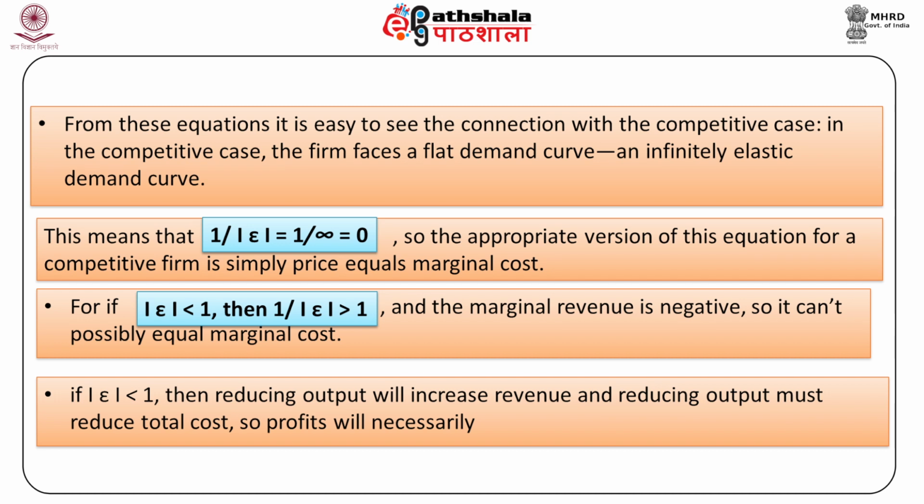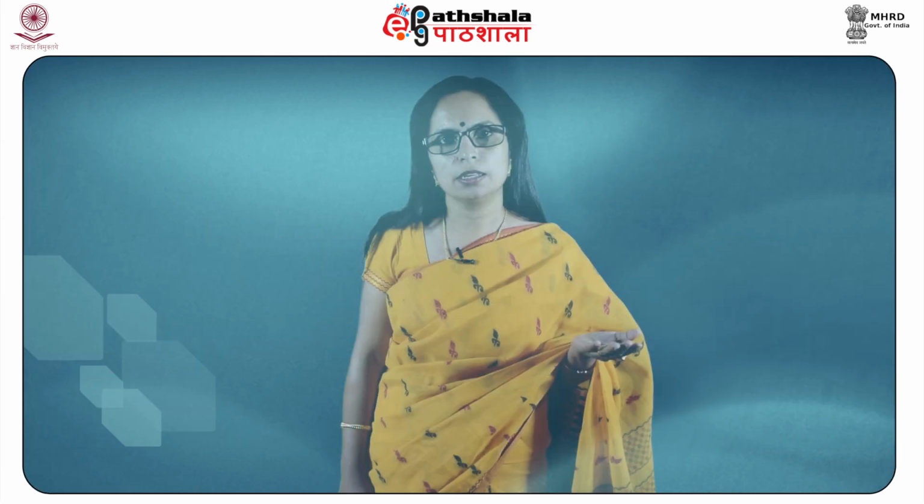The meaning of this becomes clear when we think of what is implied by an inelastic demand curve. If the absolute value of sigma is less than 1, then reducing output will increase revenue and reducing output must reduce total cost. So, profits will necessarily increase.